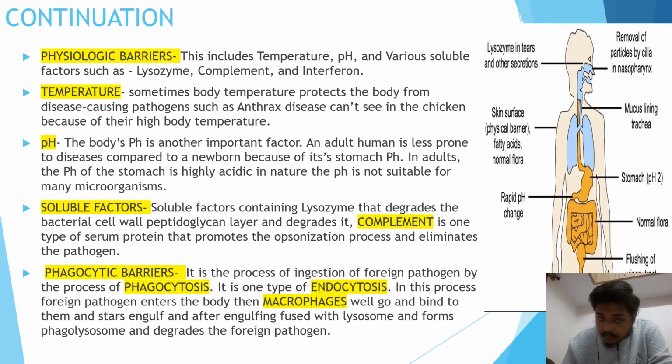Now, the complement is the most important protein system in our immune system. There are different complement pathways and different complement proteins that we are going to discuss in later chapters. This total complement system helps to protect us from foreign pathogens.